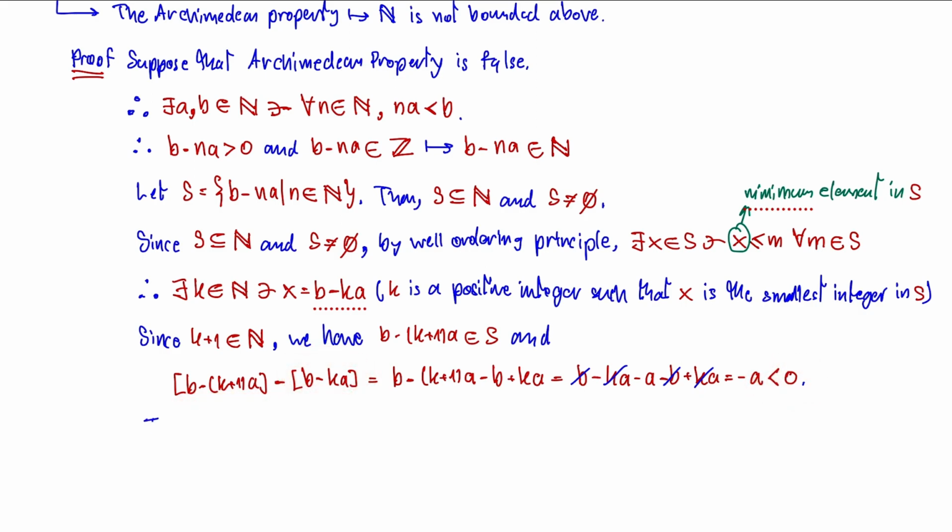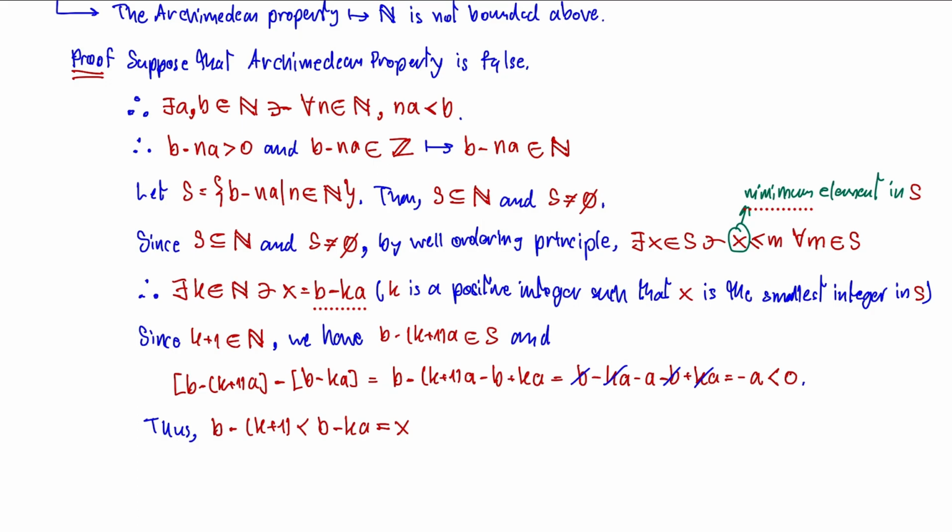This means that b minus (k plus 1) times a is less than b minus ka. And b minus ka is x.